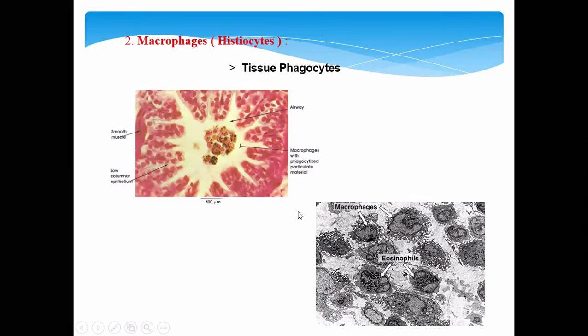Okay, this is a schematic diagram. You have here your macrophages, the big ones, and then you have your eosinophils. But we will take this up when we have the topic on blood. That will be next time, Thursday.